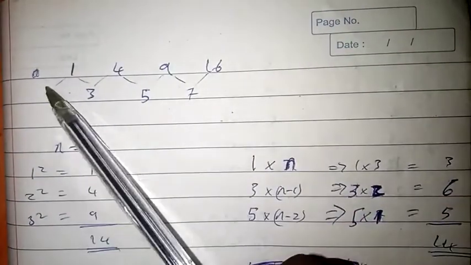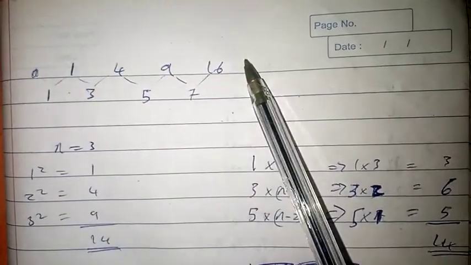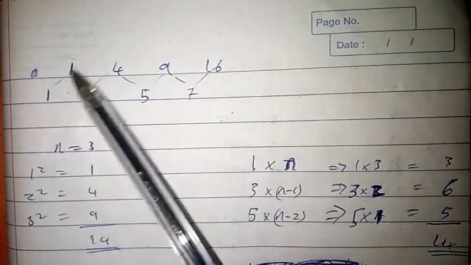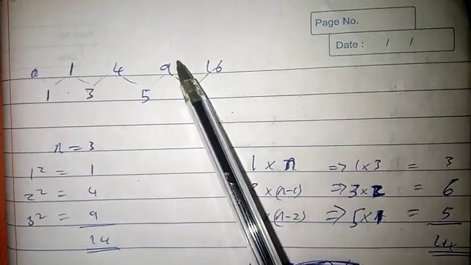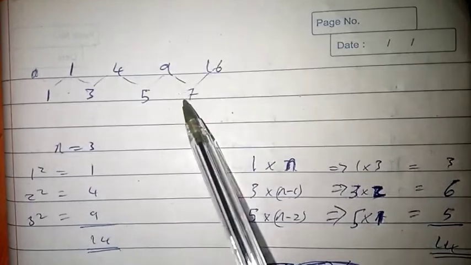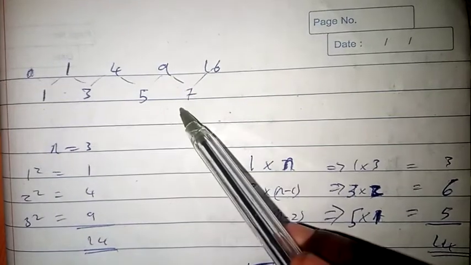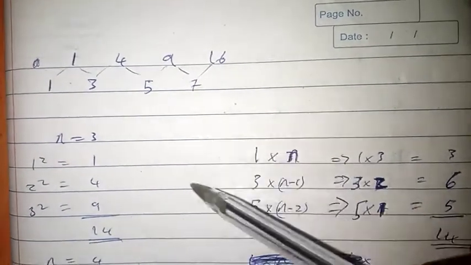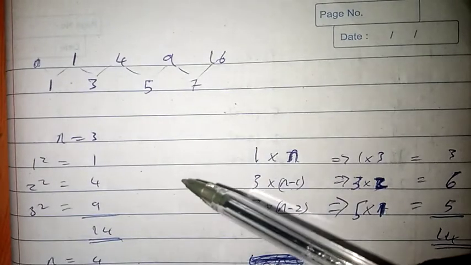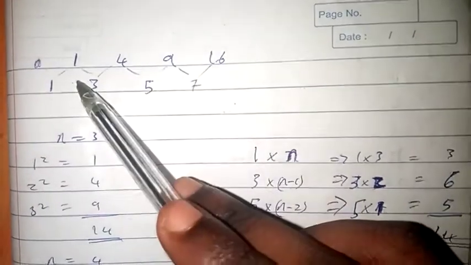What I mean by this, let me show you. So this is the progression 1 4 9 16. If you take the difference between successive terms, 1 minus 0 is 1, 4 minus 1 is 3, 9 minus 4 is 5, 16 minus 9 is 7, right? If you take these differences and you multiply them by the successive n terms, you will end up having the same as the sum of squares.